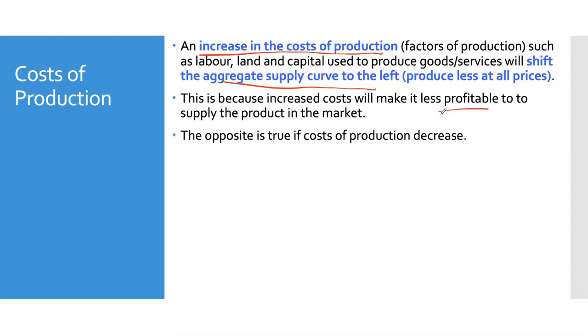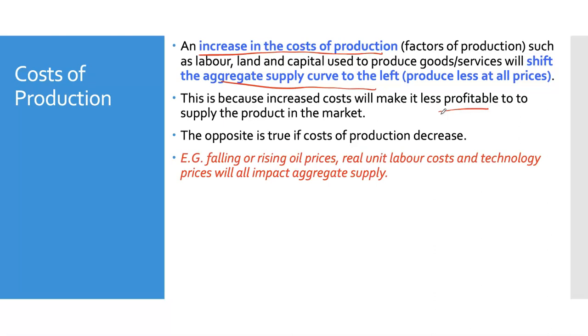Now, the opposite is true, of course, if costs of production decrease, and businesses are always trying to do this, then they will make more profit, so they'll be prepared to supply more at each price level. So, for example, falling or rising oil prices, labor charges, and technology prices all impact aggregate supply, and that's why businesses need to be thinking about them.